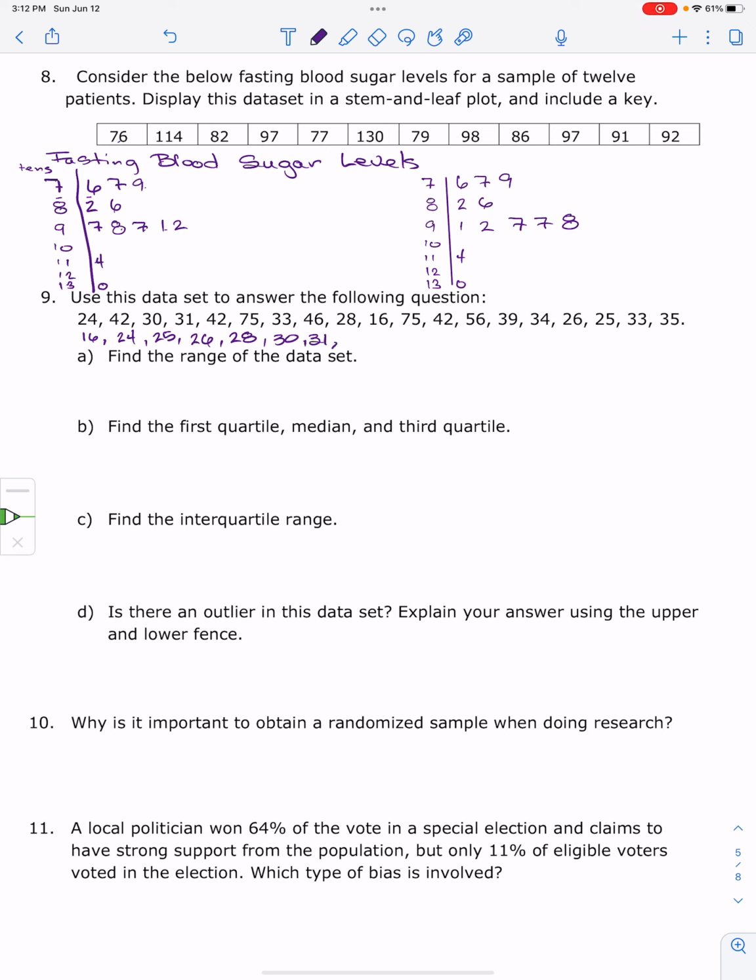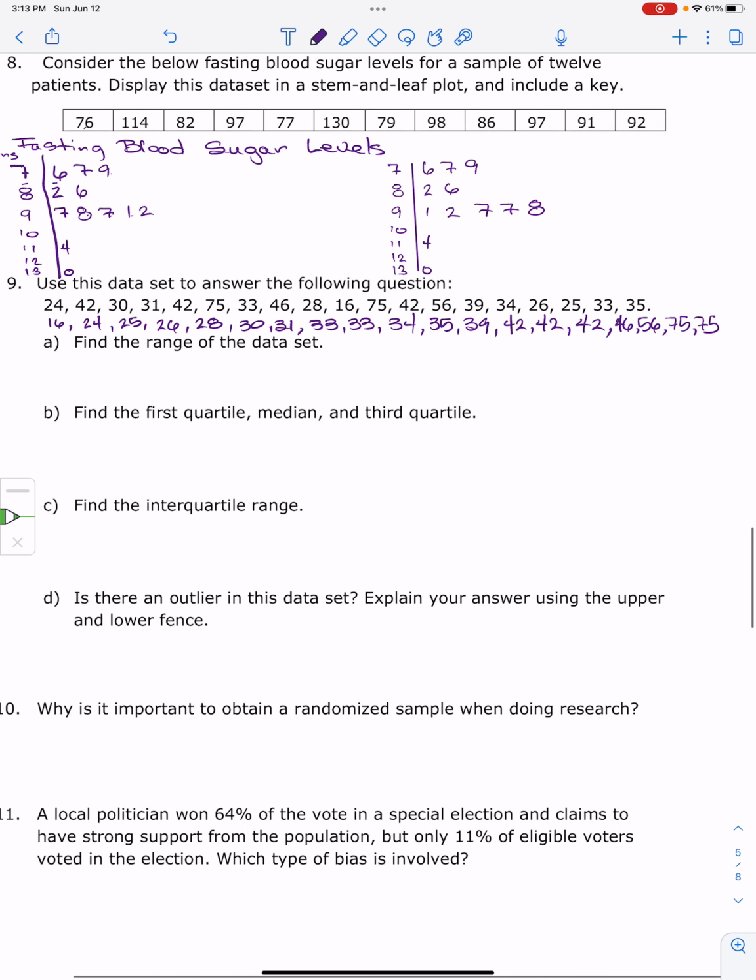So 30, 31, there were 2 33s, 34. I do always go back and double check after I list to make sure I have not missed anything. So I will compare the numbers I have in the original set. Let's see, 46, 56, 75. Cram that one in there.